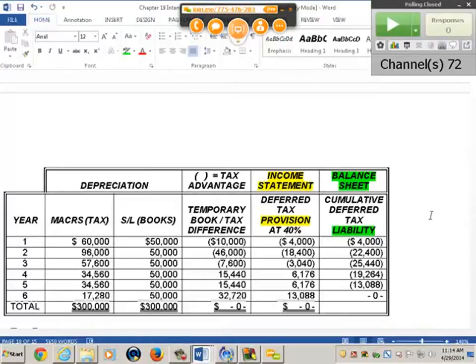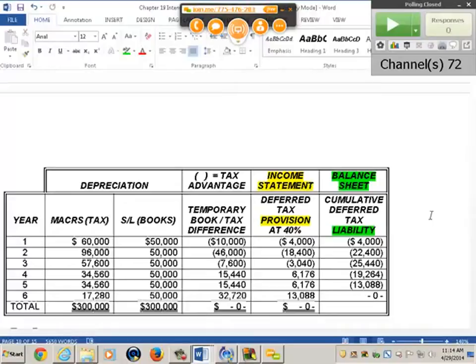Now, some of the things we're going to look at today, and there's a lot of material in these modules that I don't cover in class because you've got to read them. And the terminology is a future taxable amount. This becomes a future taxable amount because when we get to the reversal period, we're going to wind up getting a tax disadvantage, and we have to pay back the taxes.